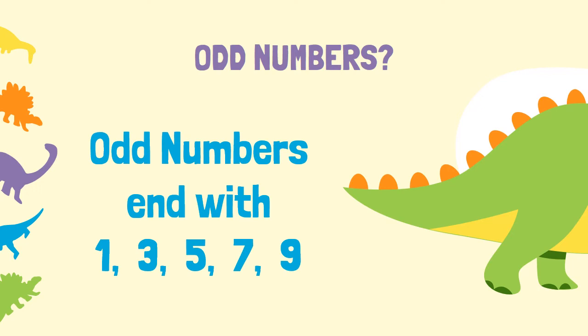So if you want to identify whether this 4-digit number is an odd number or an even number, you just look at the last digit, or the ones place. If the ones place is 1 or 3 or 5 or 7 or 9, the number is an odd number.